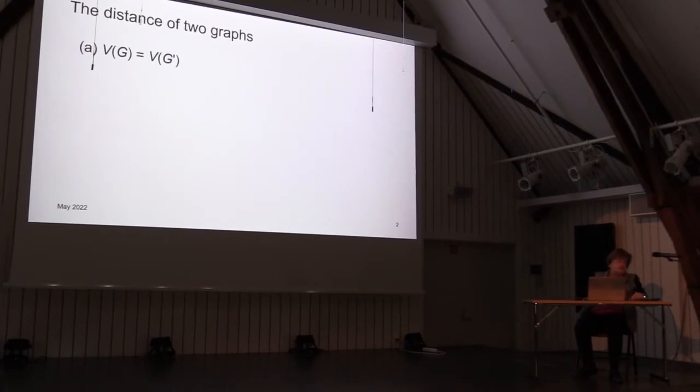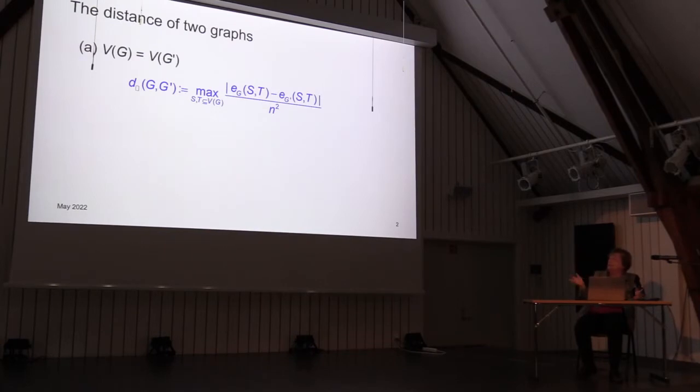If we have the same node set, the same numbering and different edges, then it's not so hard. We pick two subsets S and T of the node set of G and compute the number of edges between S and T in the first graph minus the number in the second graph.